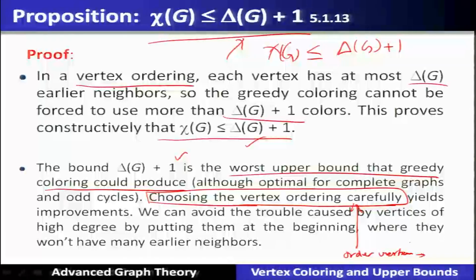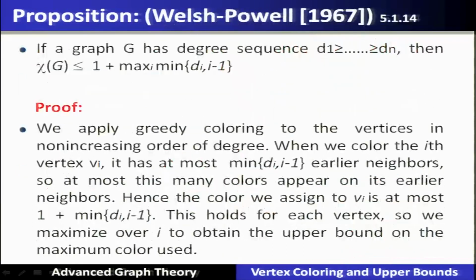Because if the highest degree vertex is placed first, there will be no other neighbor before it, hence you can easily start the color, and obviously the number of colors required will be quite less, or it will improve this particular bound of the greedy coloring algorithm.